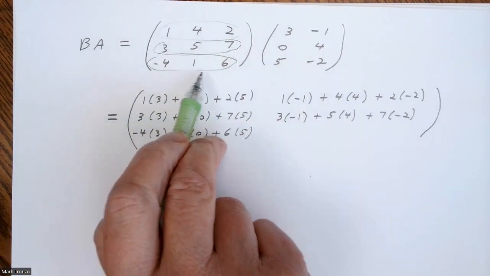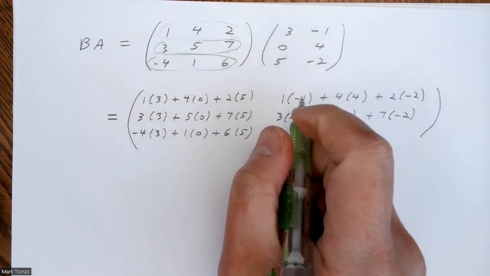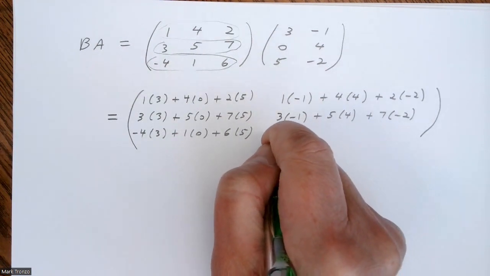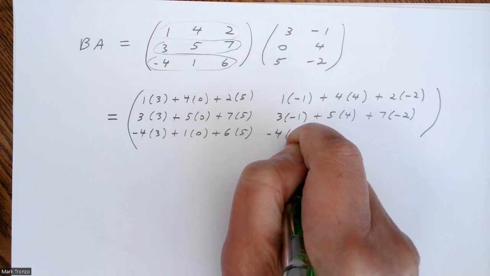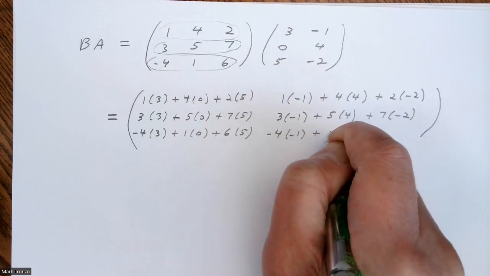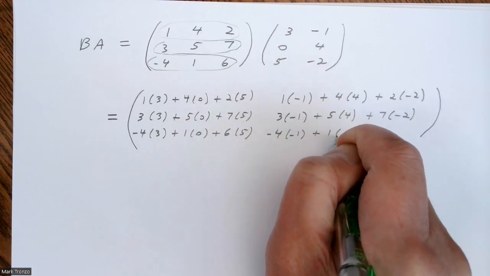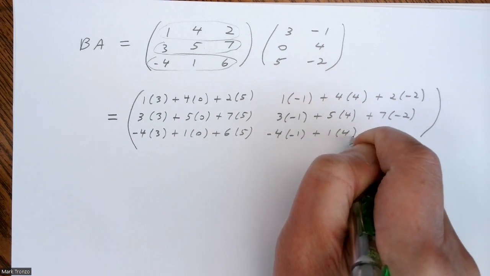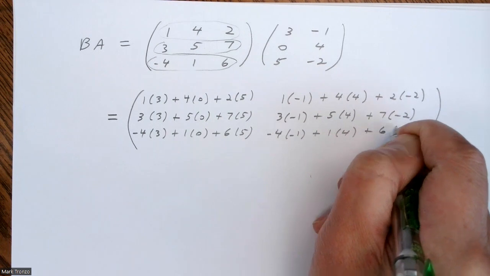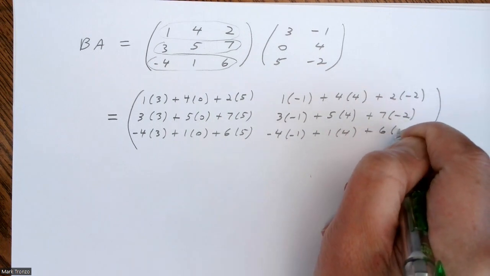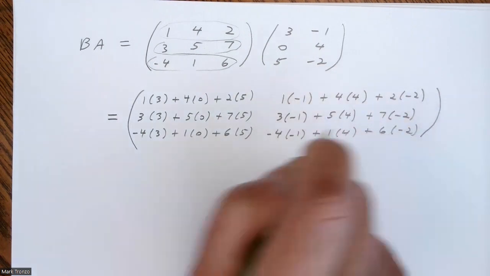Then we'll multiply the third row by the second column. Minus 4 times minus 1, 1 times 4, 6 times -2, like that.